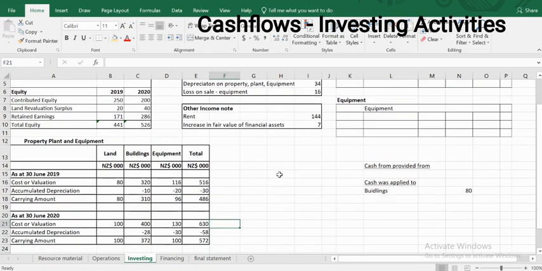So once again, we're going to use our equipment account as a tool here. So I'm going to start off by putting my balance in here. My opening balance for equipment was 116, debit, since it's an asset, and my closing balance for equipment was 130.